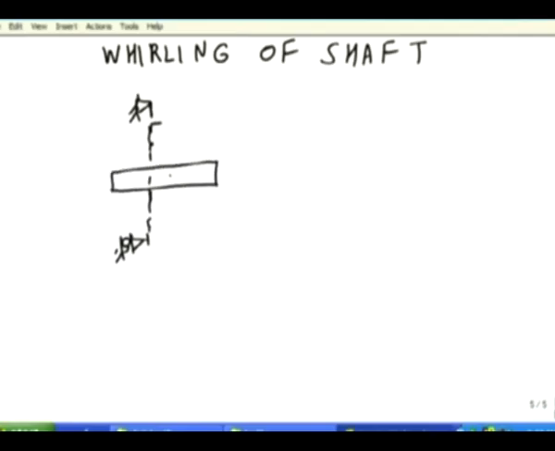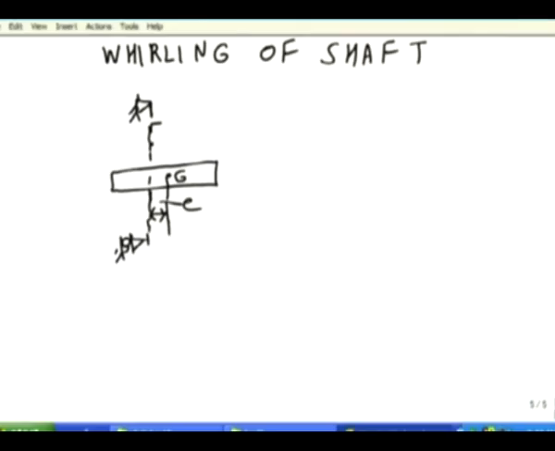However, its CG does not pass through the axis of rotation. Instead, CG is at a distance of e. e is the eccentricity of the rotor.